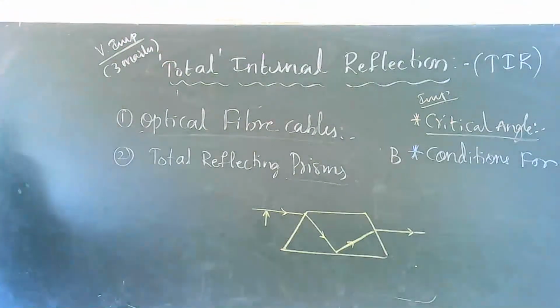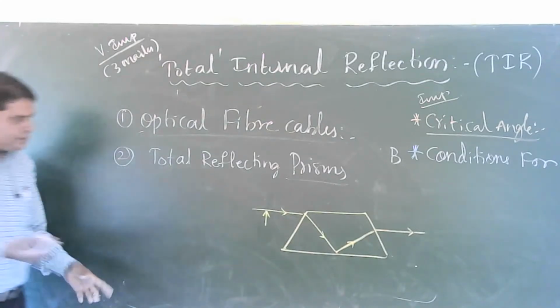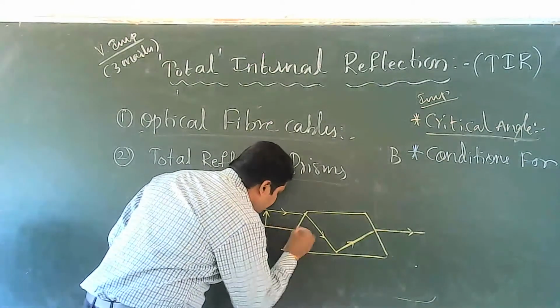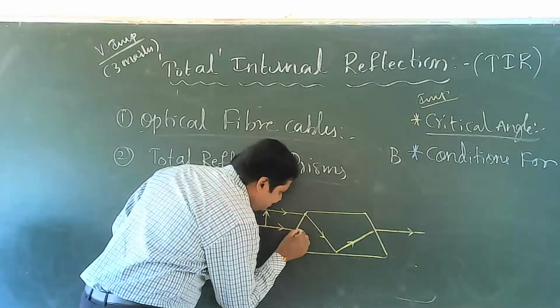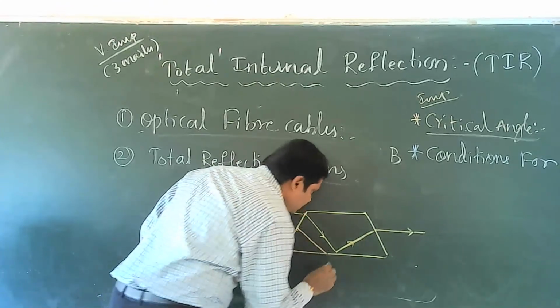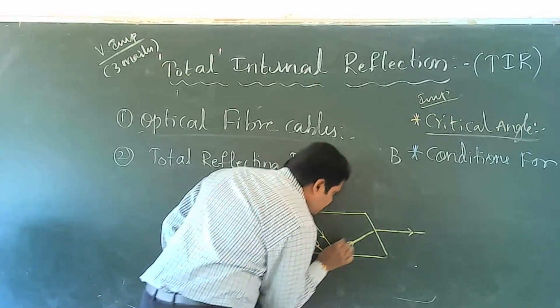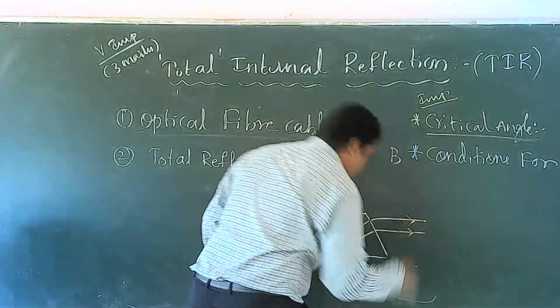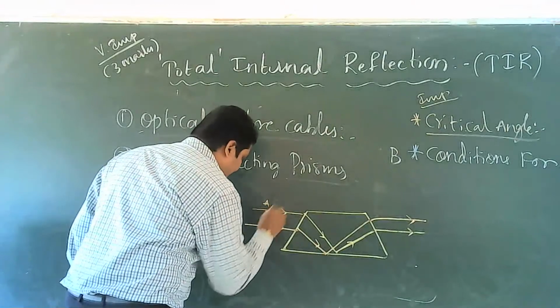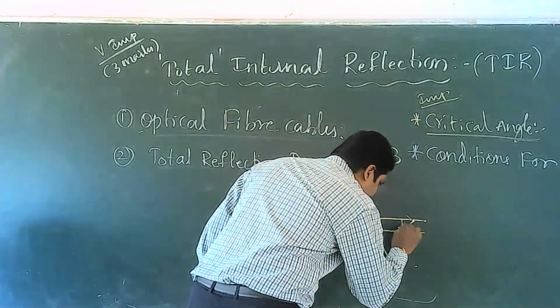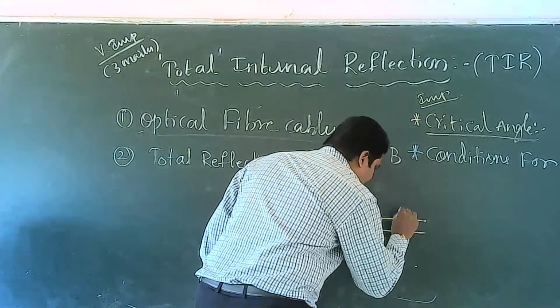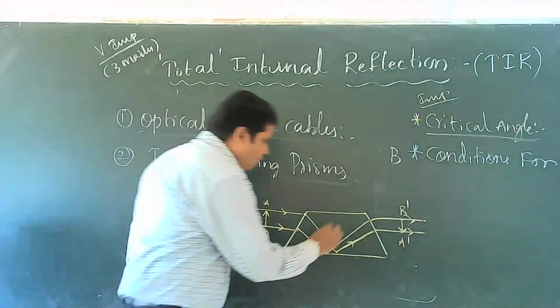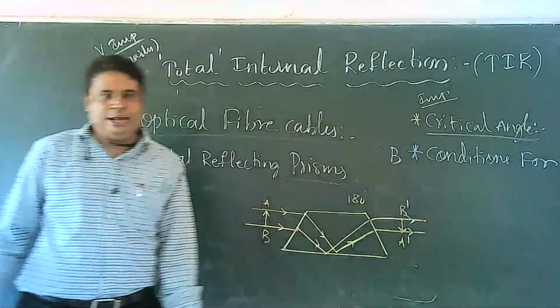Now this is the second. If this is AB, this is A dash, B dash, where we rotate the object by 180 degrees. A 180 degree rotation can be obtained.